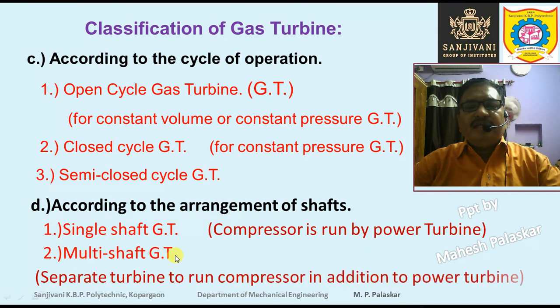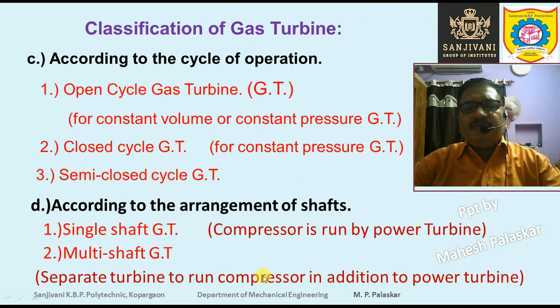We also have the multi-shaft gas turbine. A separate turbine is used to run the compressor in addition to the power turbine. In the multi-shaft gas turbine, you will find that there is one more turbine, a small turbine, which will just drive the compressor, and that will not produce the power for the output purpose.